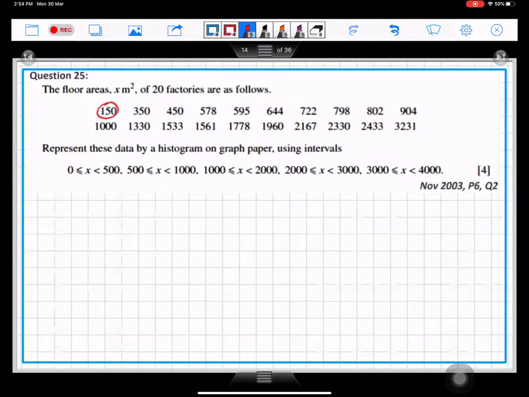How many values do you see that lie between 0 and 500? I see 150, 350, 450. So 3 values. Between 500 and 1000: 578, 595, 644, 722, 798, 802, 904, and 1000 itself. Now, in the first category, 1000 is not inclusive, so 1000 will go in the next one, and so on.